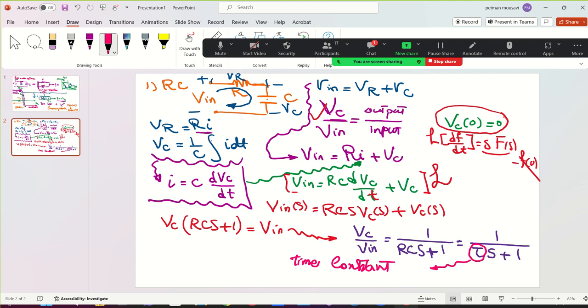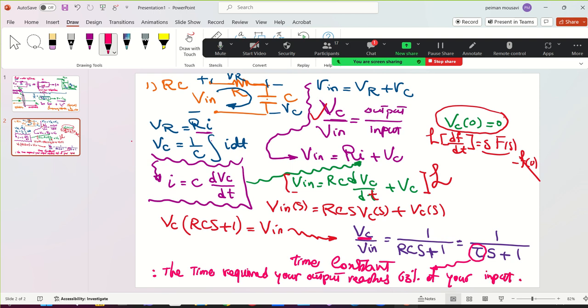Time constant has a definition. The time required for your output to reach 63% of your input.